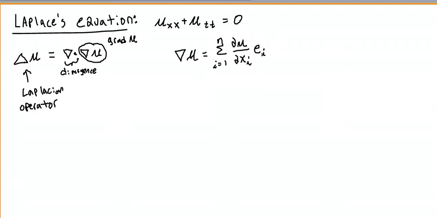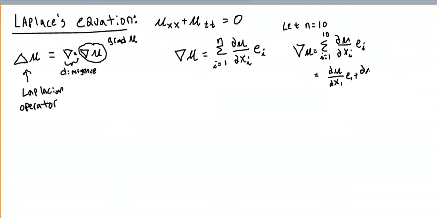So if, let's say, n equals 10, so you have 10 independent variables on the function u, the gradient of u is the sum from i equals 1 to 10 of du/dx_i e sub i, which is du/dx1 e sub 1 plus du/dx2 e sub 2 plus dot dot dot plus du/dx10 e sub 10.